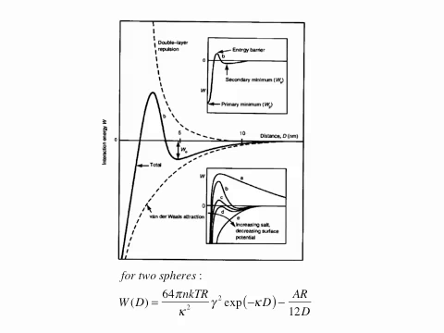So here you see for two spheres you have the Coulomb interaction, which is your double layer, so your Coulomb repulsion. And this other term, the easiest term, on the right-hand side, is the van der Waals attraction.